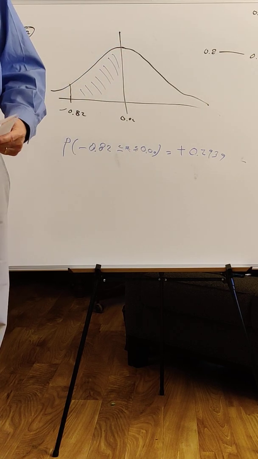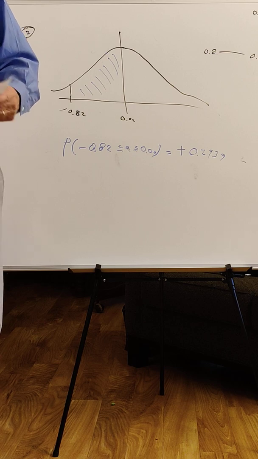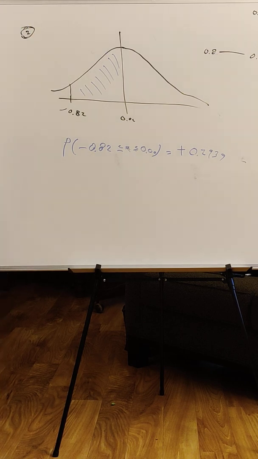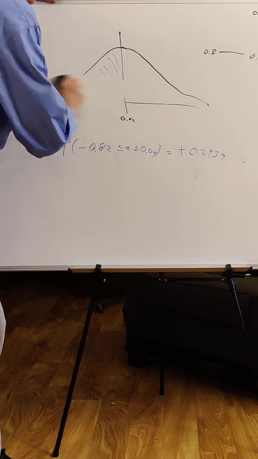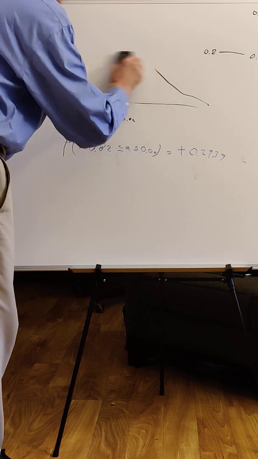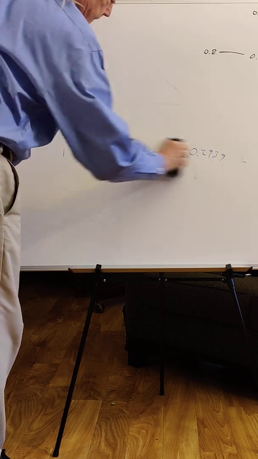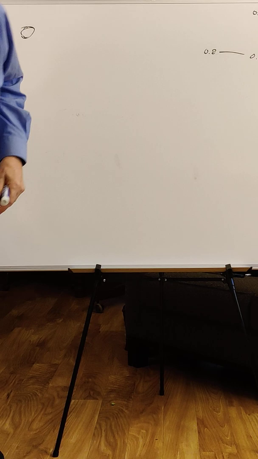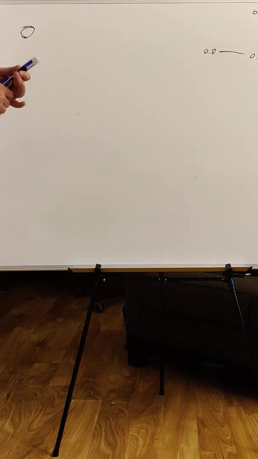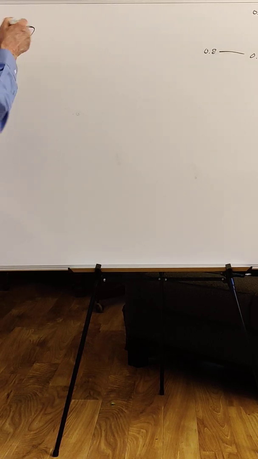Whenever we're finding probability values, we get answers between 0 and 1. All right, third problem. Suppose we have a negative value and a positive value. Let me draw the curve again.